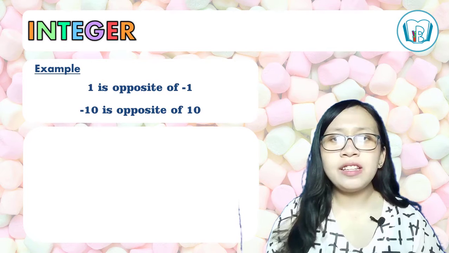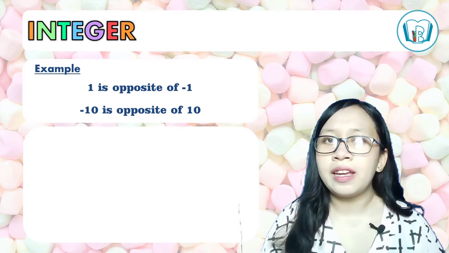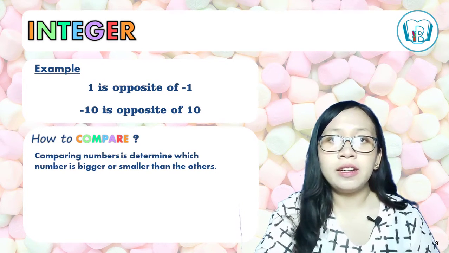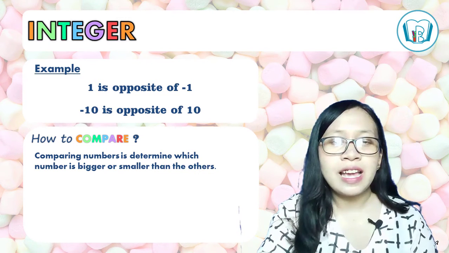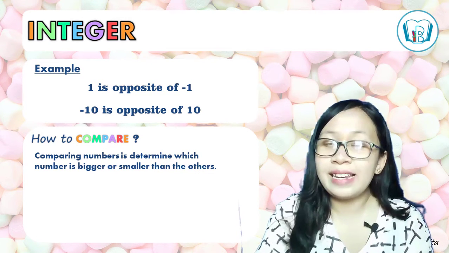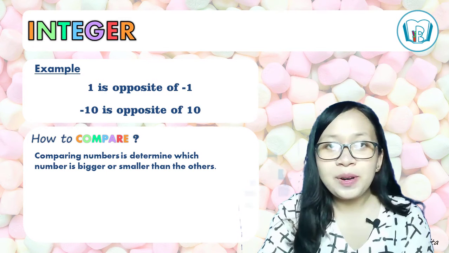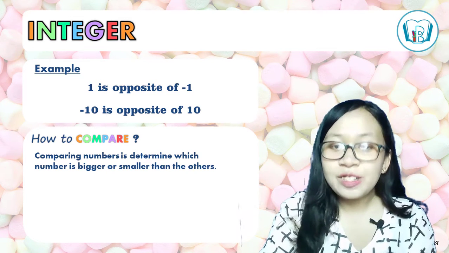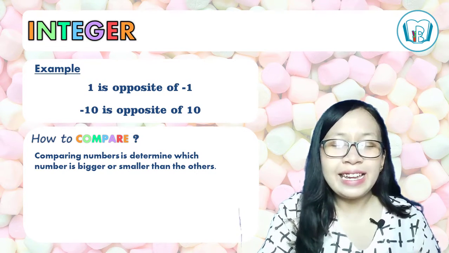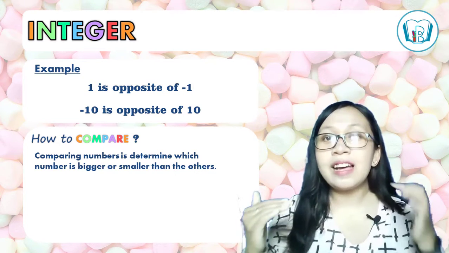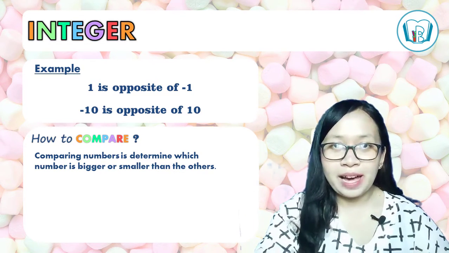Okay, now let's move to comparing. So how to compare? First, we need to know what is comparing numbers. Comparing numbers means determining which number is bigger and smaller than the others. In here, we really need the number line to help us.